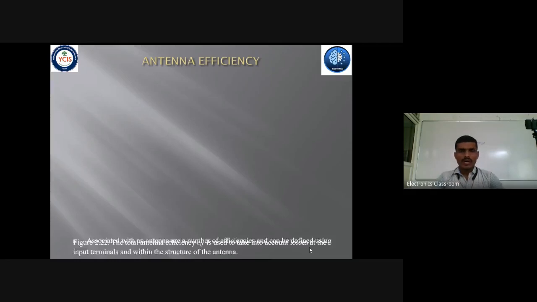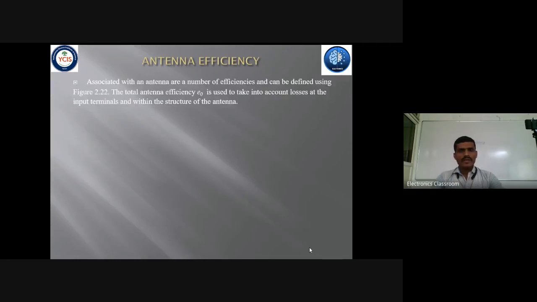Now, antenna efficiency is associated with an antenna, and there are a number of efficiencies. That means a single antenna has different types of efficiencies. Then what are the different types?